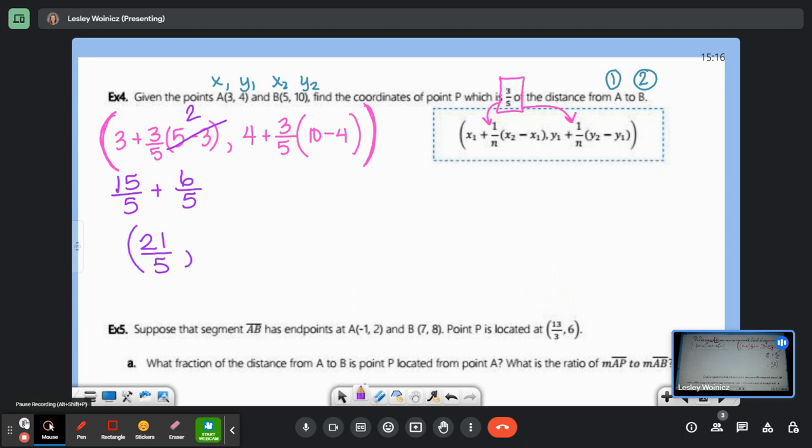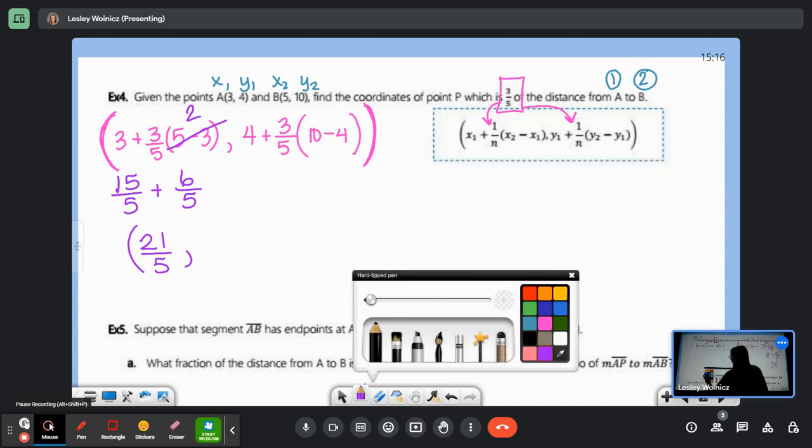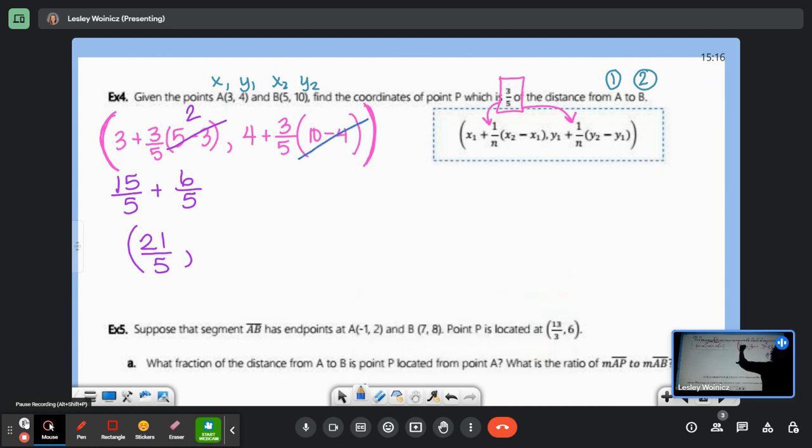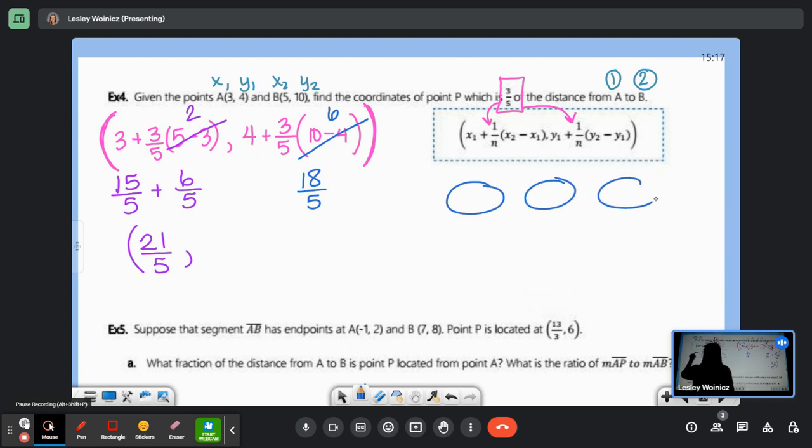Okay, now we're going to do the y coordinate. What is 10 minus 4? 6. Okay, 3 times 6 is 18. So this is 18 fifths. Now I've got 4 candy bars. 1, 2, 3, 4.